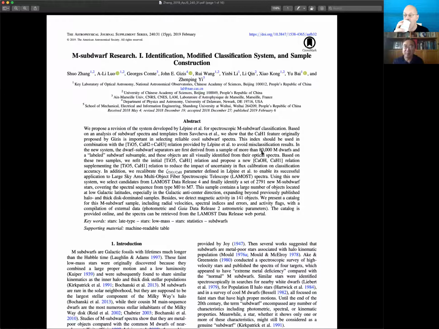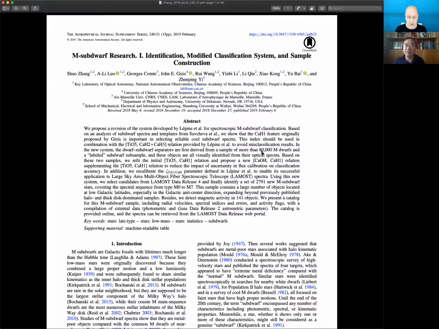Most of them come from the halo, so they keep the same kinematics as halo stars. They don't have the same kinematics as local stars. In this paper we use the spectroscopic method to get the M-subdwarfs. Firstly, I would like to introduce the LAMOST footprint, Figure 1.